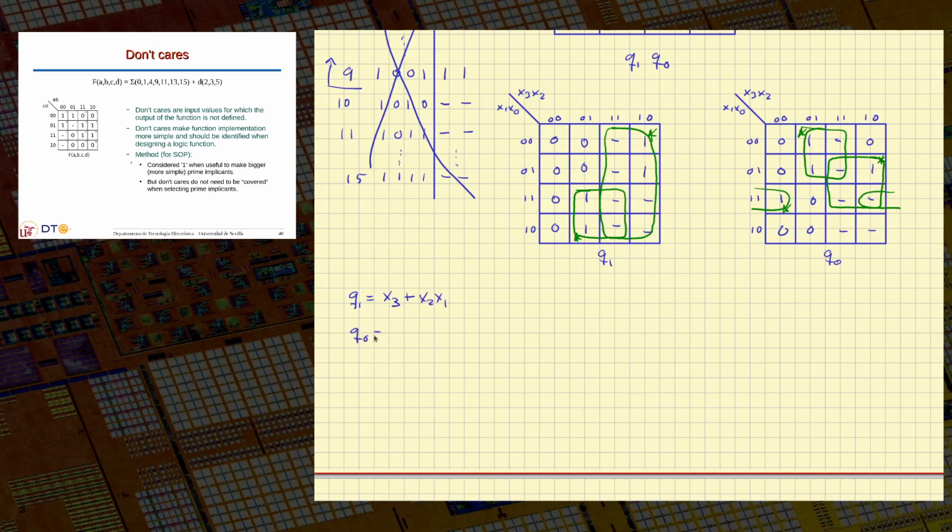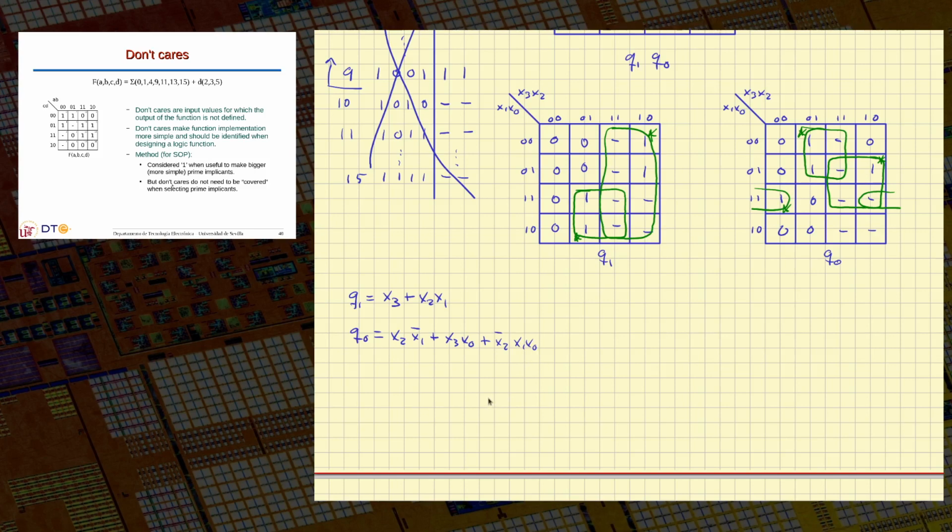And Q0 will be, this term here is x2 x1 complemented, plus this term is x3 x0, and this term here and here is x2 complemented x1 x0.